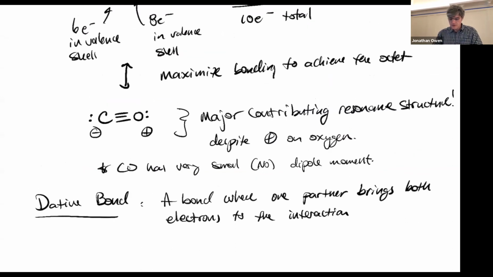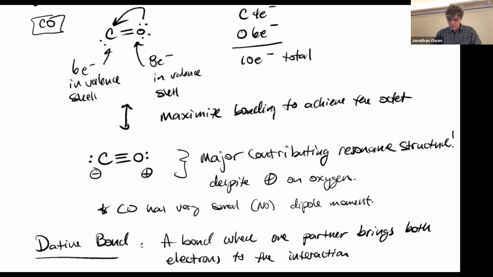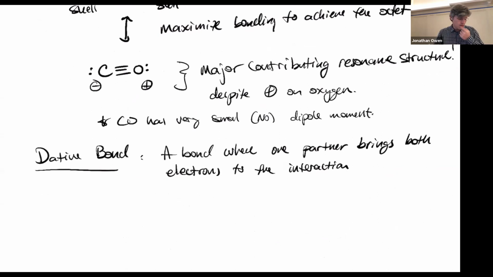Oxygen is the guy bringing the electrons over to carbon, both of them, you get a bond, and that bond is a dative bond because both of those electrons came from one of the bonding partners.